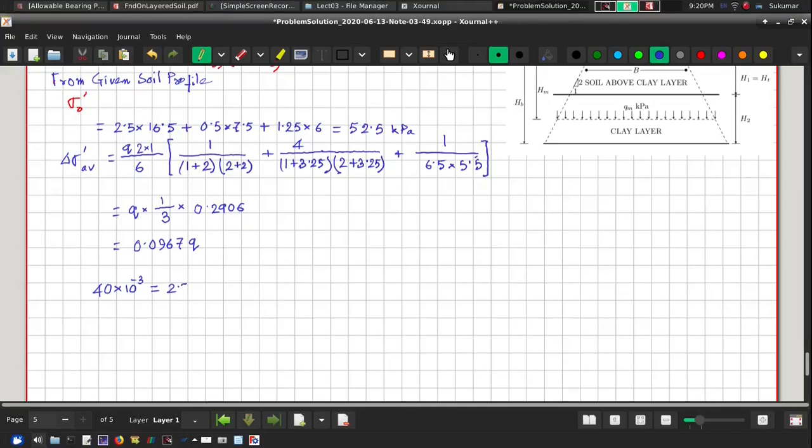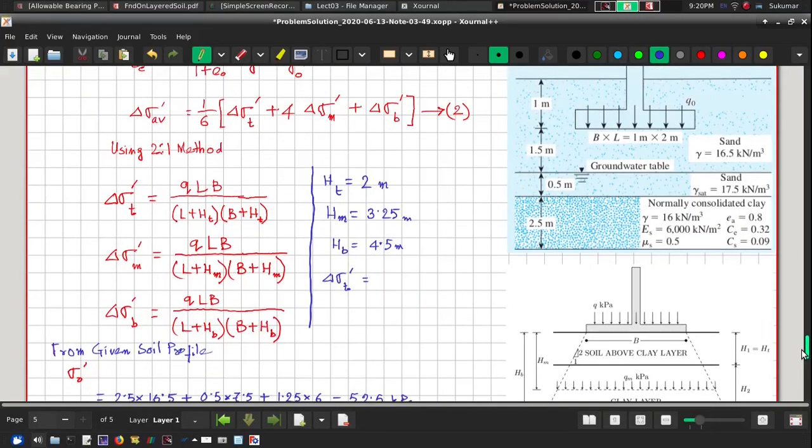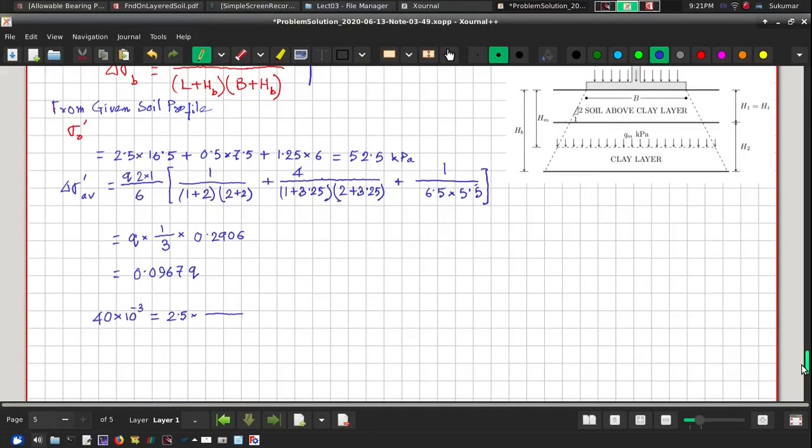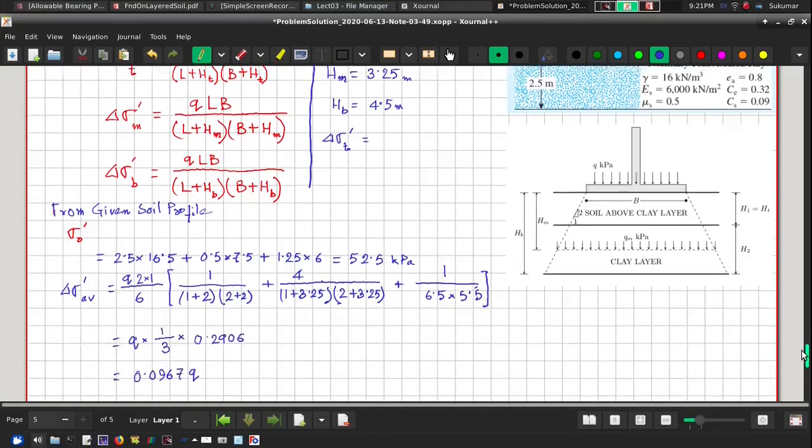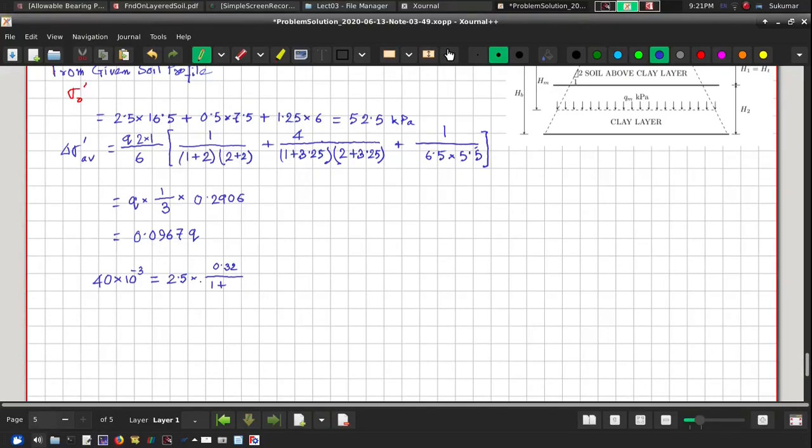H naught is 2.5 into CC. CC is given as 0.32 divided by 1 plus E naught. E naught is, I think, 0.82 it was. Let me check. E naught is 0.8.